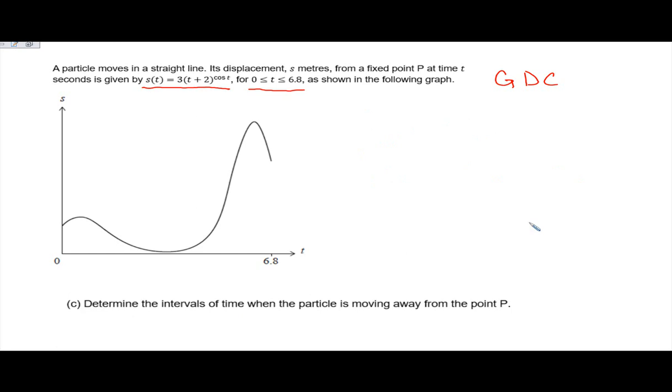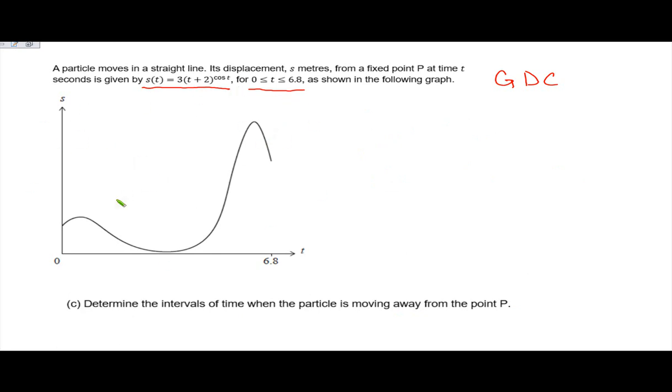In part C, they're asking us to determine the intervals of time when the particle is moving away from the point P. Remember, this represents the displacement graph.